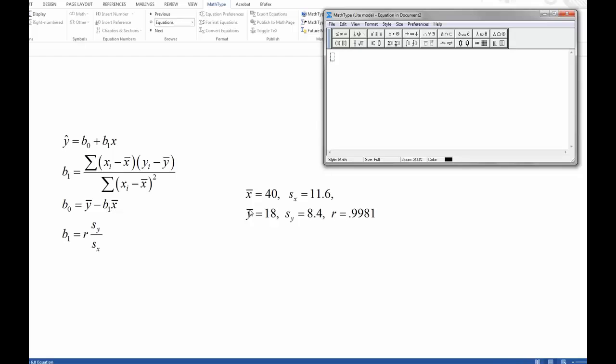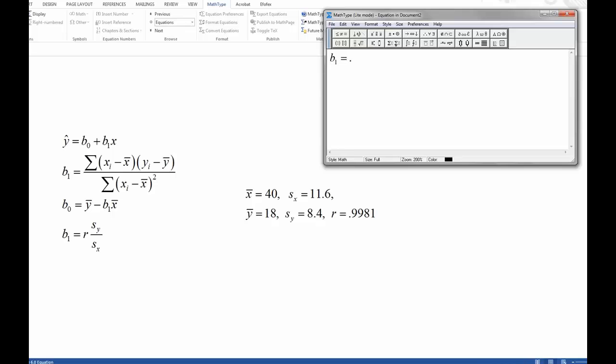I need B1, which I don't have. I don't have enough numbers yet. Oh, I can find B1 from here. So I can't find B naught yet, but I can find B1. So B1 is R times the fraction of standard deviation of y over standard deviation of x. So we've got enough information, we can find that.